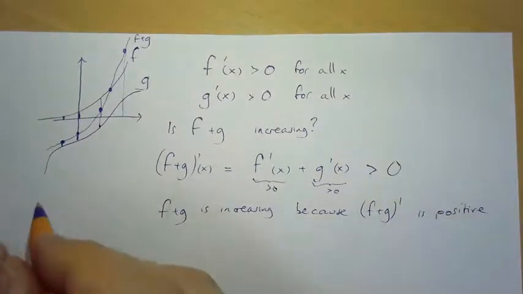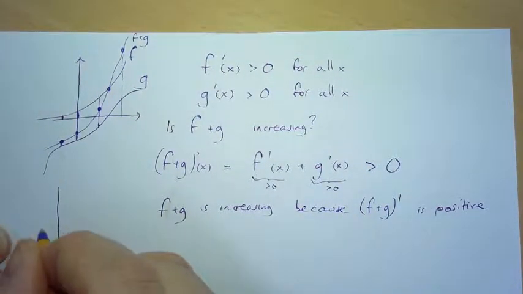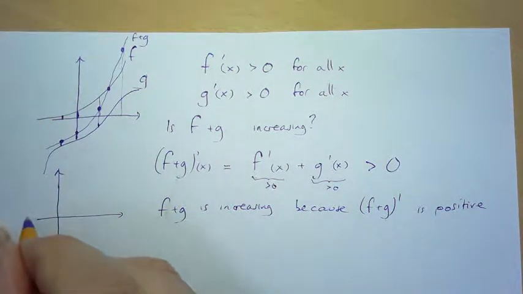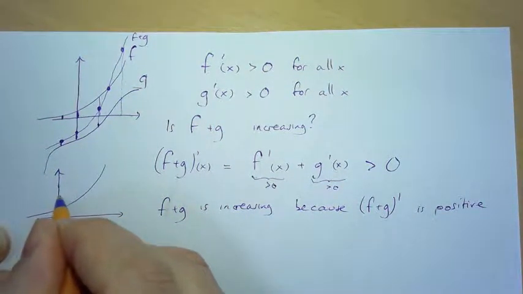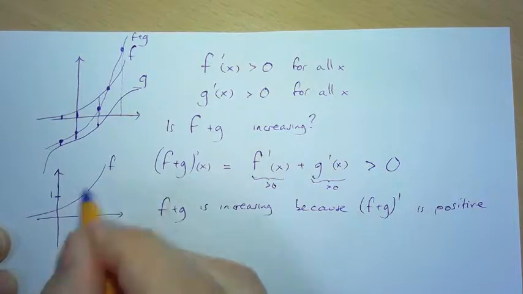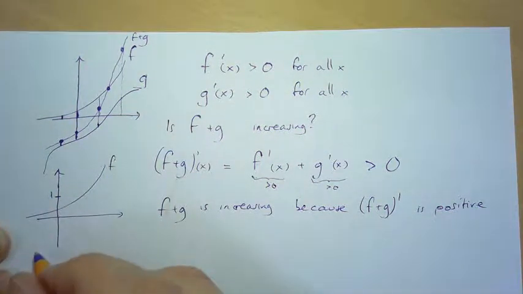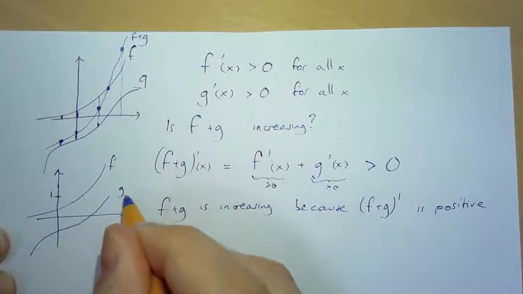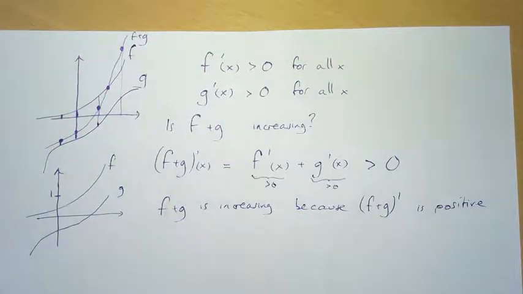So we can maybe start again by making a sketch. Let's say one is here, this is f, and this is g. So how do we multiply f and g graphically?